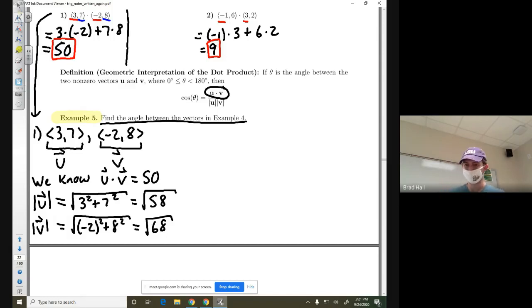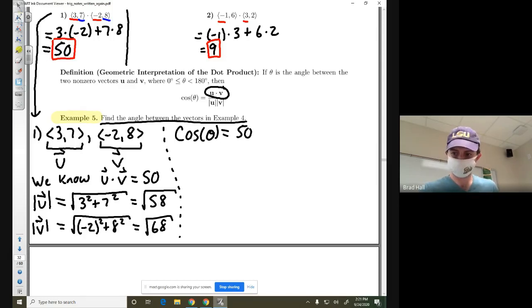So now we have cosine of theta equal to the dot product in the numerator, over the square root of 58 for the first one times the square root of 68 for the second one. And then naturally we could solve for theta by doing cosine inverse.